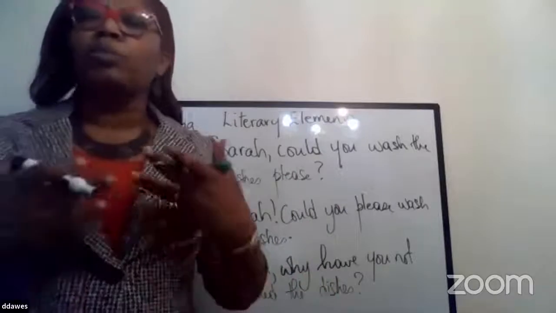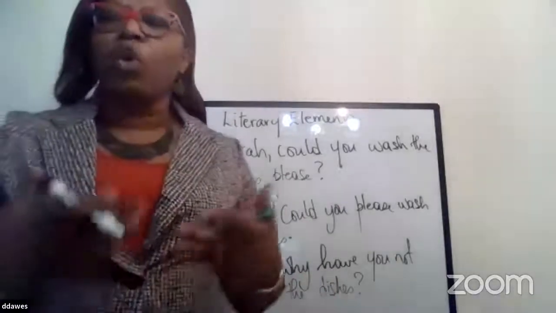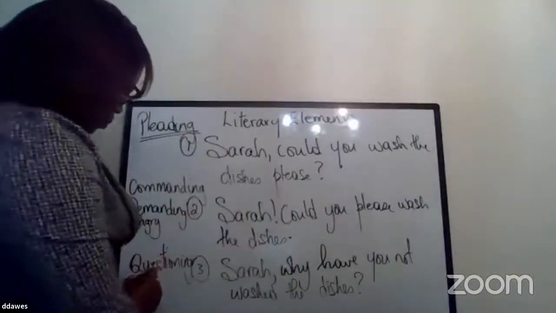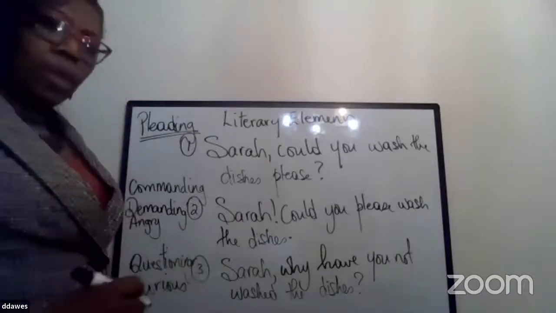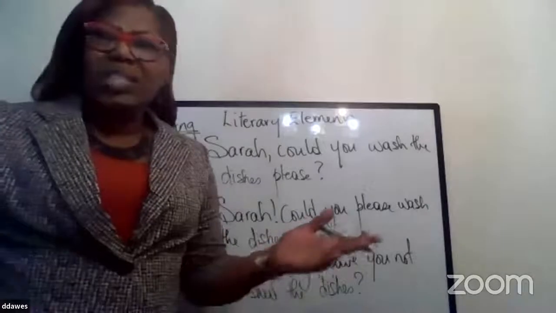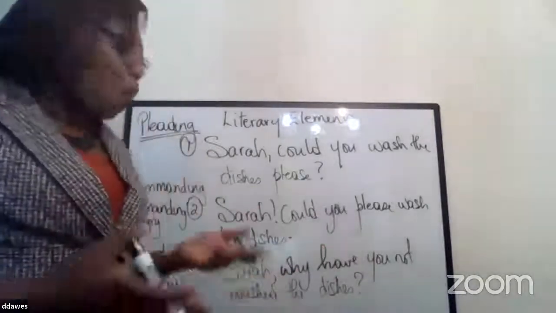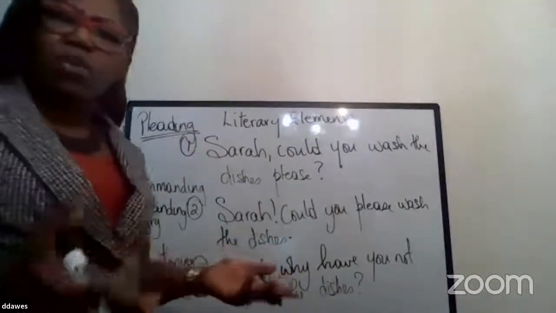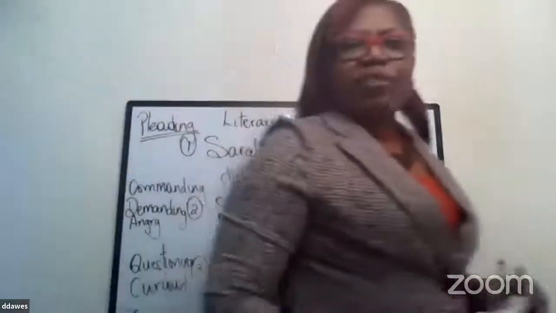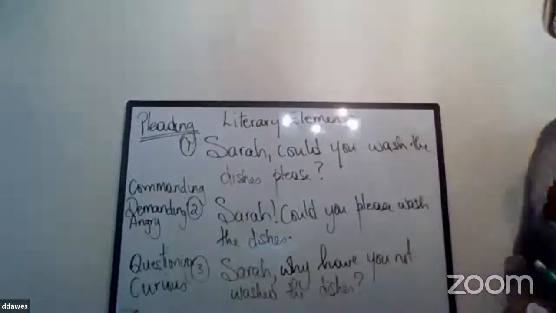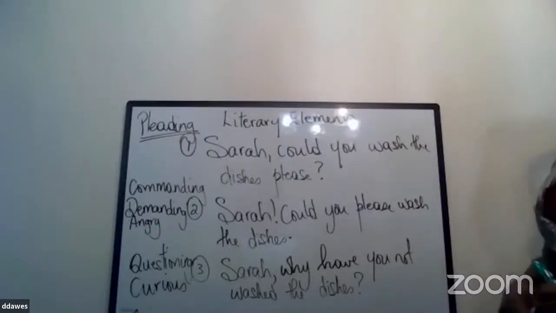Your tone is going to be questioning or curious, because you really want to know. This is not like Sarah. So Sarah, why have you not washed the dishes? Okay, so just a few minutes for you to look at the examples there.